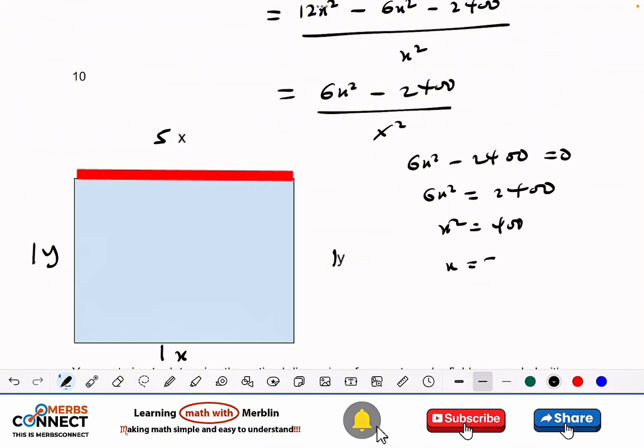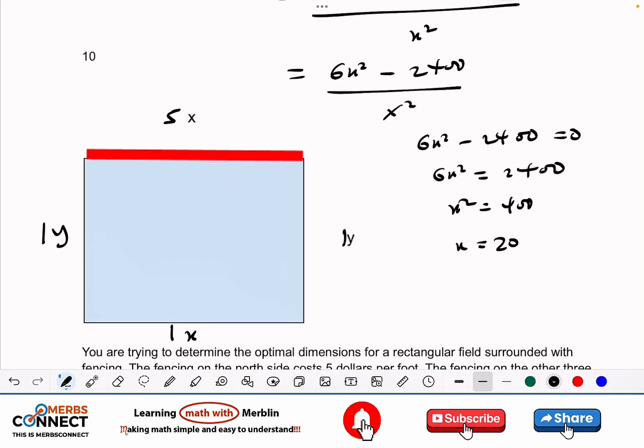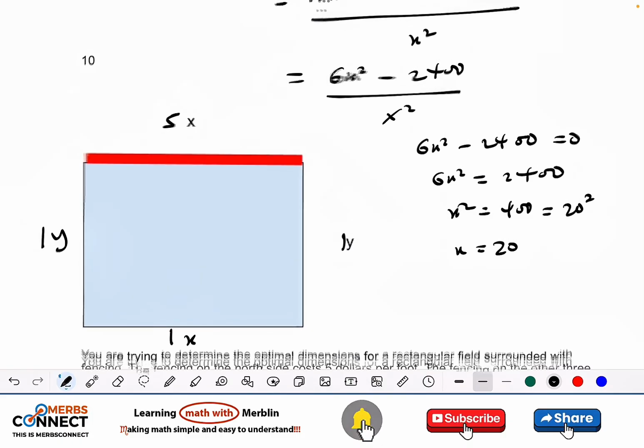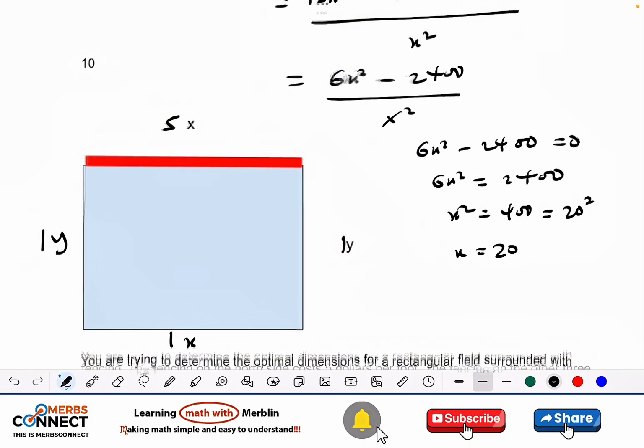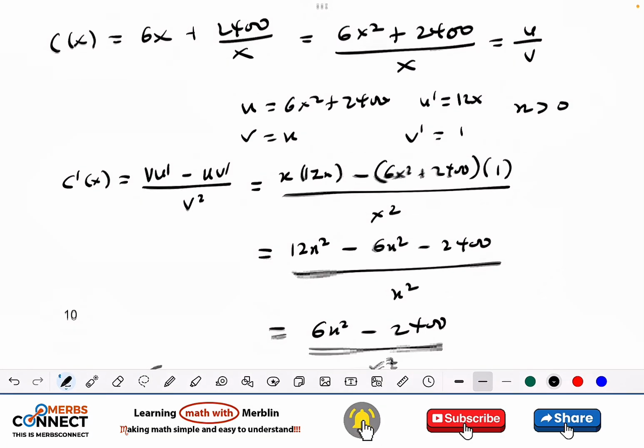Okay, 20. This is so hard when you are not using a calculator. So this is the same as 20 to the power 2. Great. So now our x is 20, right? So that is the x value here.